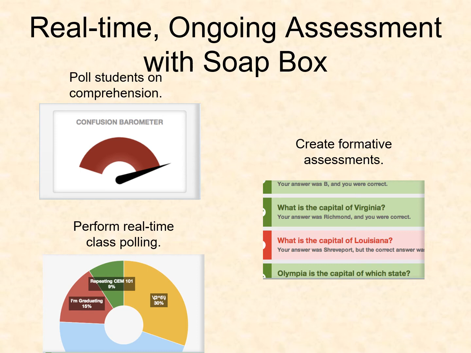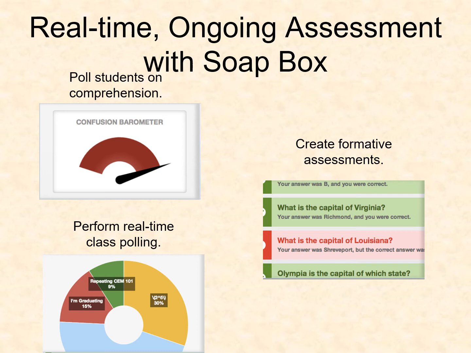And this way, by using Soapbox, you could get real-time assessment data on the entire class, versus if you're having a discussion or asking questions of the class and only getting a certain subset of the students responding.